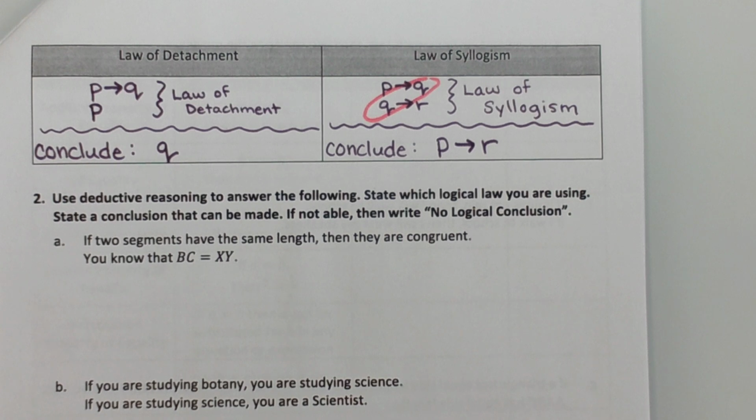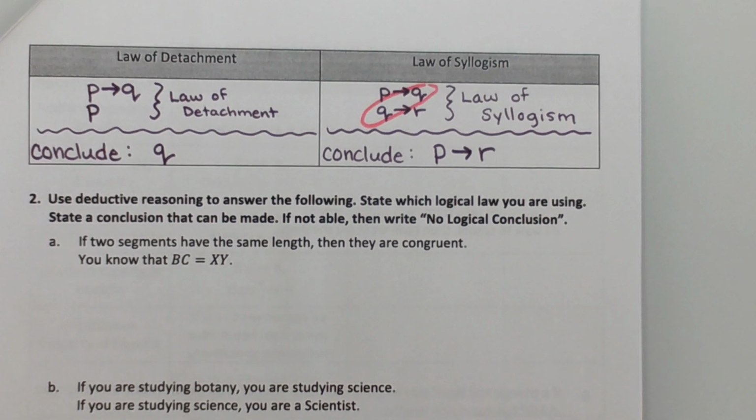For this one, it would lead to if A, then C, and for this one, it would lead to if W, then Y. Now, there's probably many of you that are confused, and that's okay. Let's get to the nitty-gritty of how we use this. It makes more sense when we get actual examples.